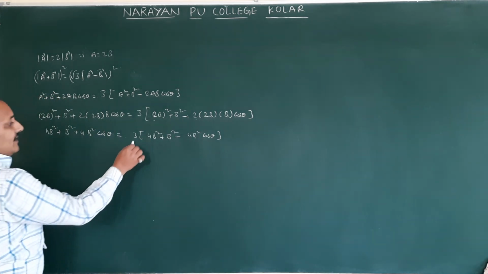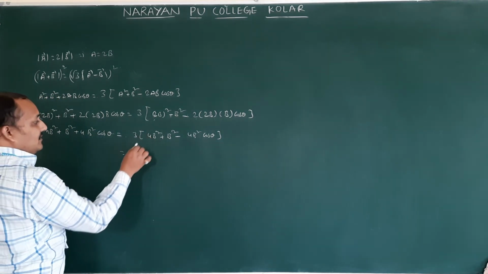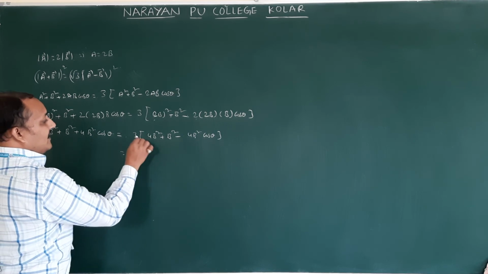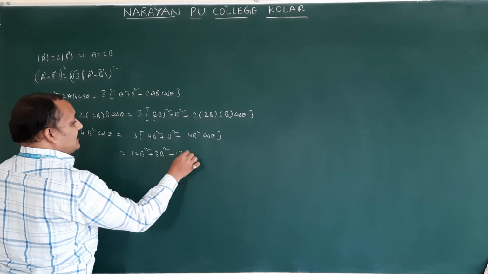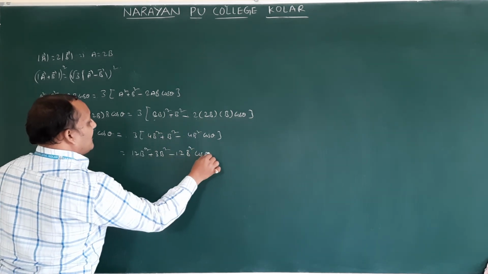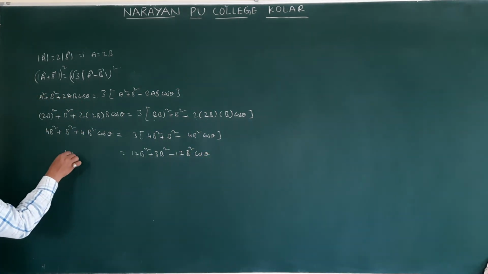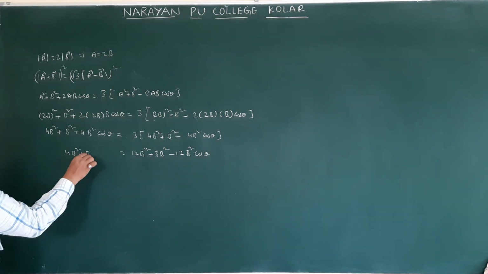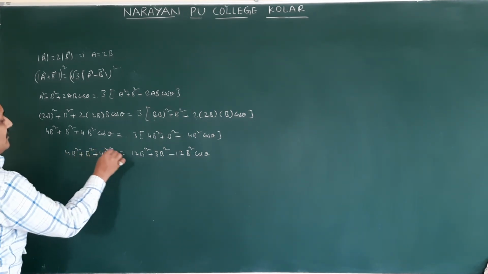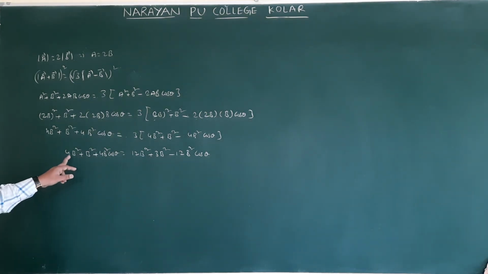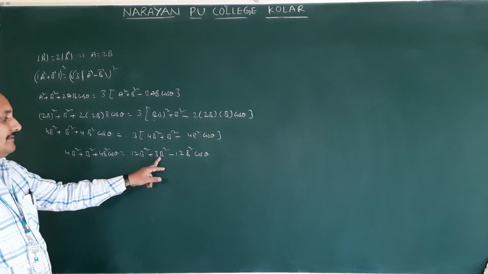So again you can write by multiplying 3, 4 into 3, so 12B square plus 3B square minus 12B square cos theta. Here 4B square plus B square plus 4B square cos theta. So 4B square plus B square is 5B square, and 12B square plus 3B square.